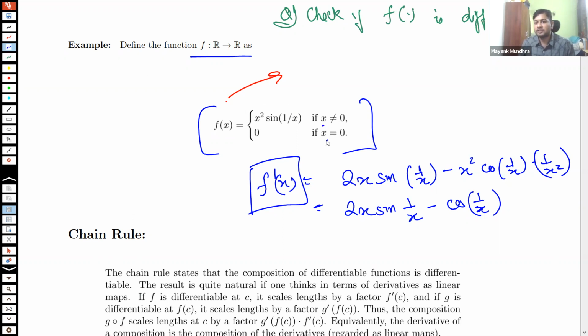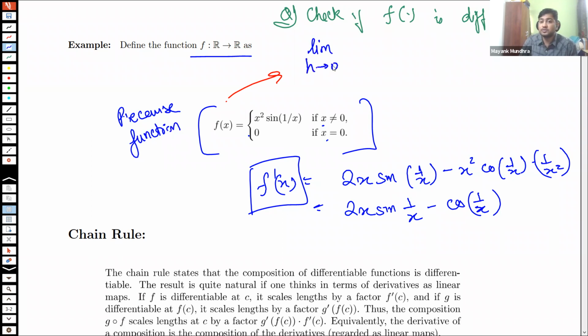For a function like this, you cannot rely on f prime to check for differentiability at 0, because this function is a piecewise function. So the way to check for differentiability is the original definition.